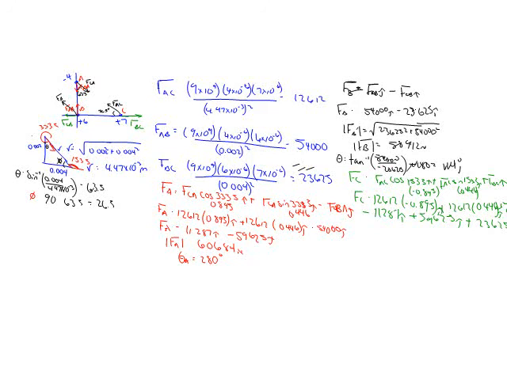So we have an FC of 12338 i-hat plus 59625 j-hat. Magnitude 60888.